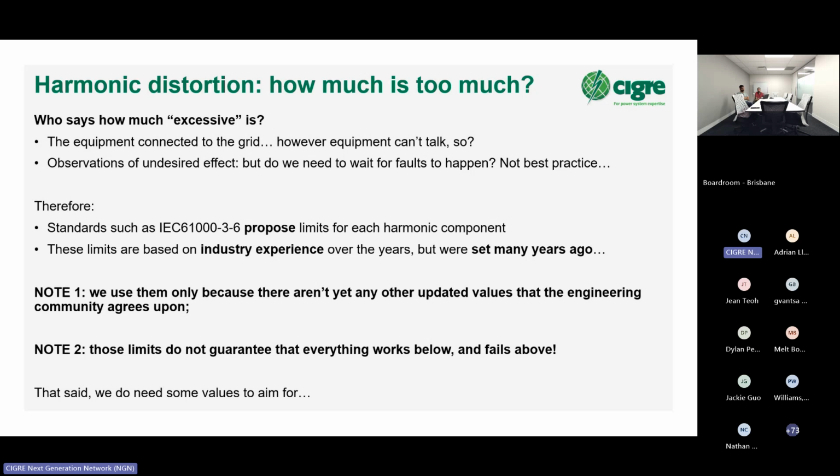However, everyone is urged to get into it and contribute to checking whether they are still good or we need to update, because the grid and power systems in general are changing fast and are changing a lot. So we need to update our common understanding.